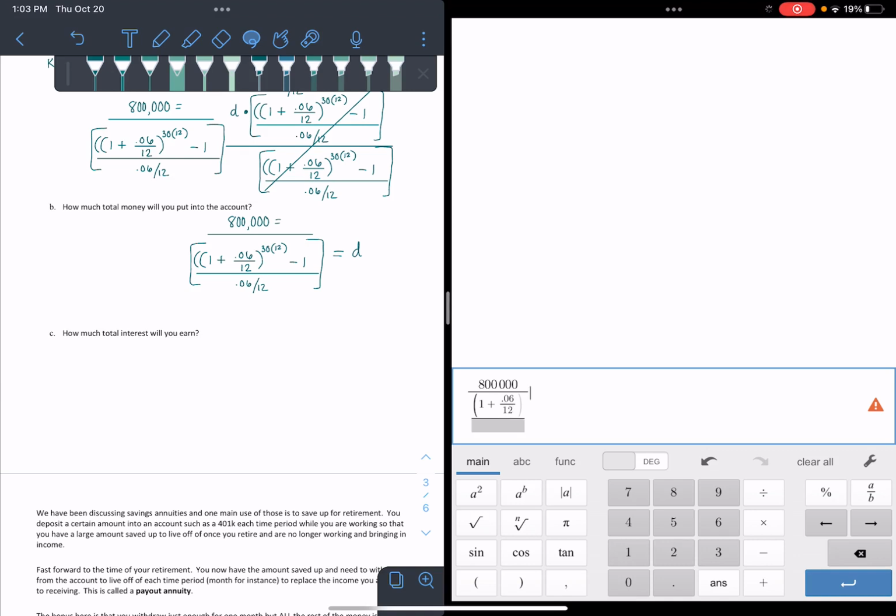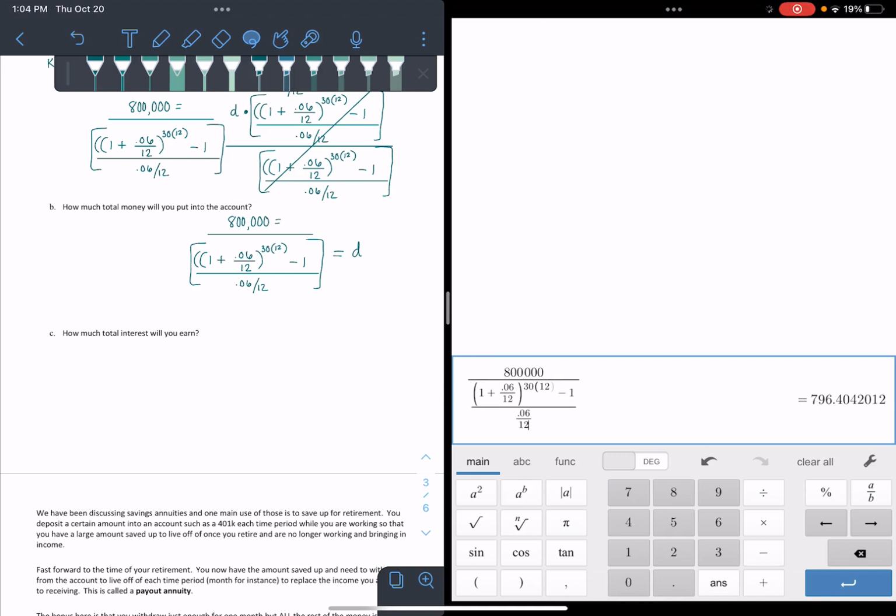And then I'm going to hit my right arrow so that I can get my exponent, 30 times 12. And then right arrow again to get out of the exponent, and then minus 1. And then underneath that, 0.06 divided by 12.